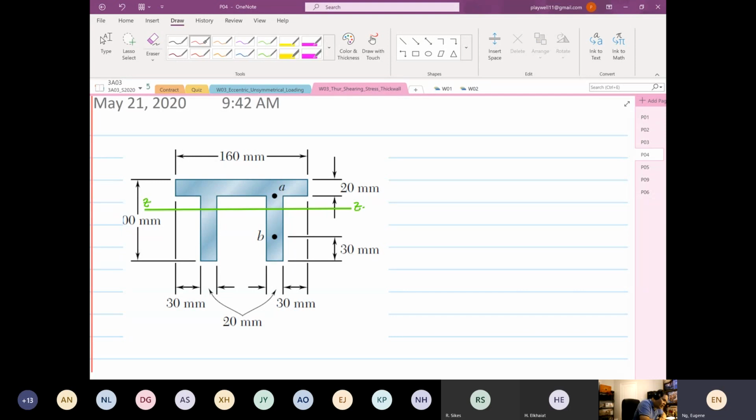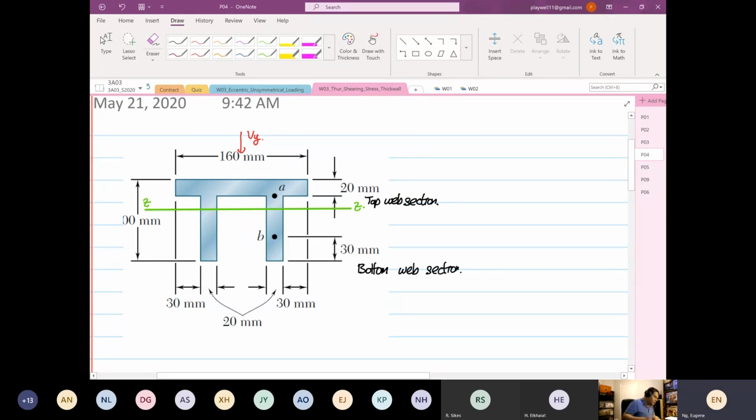And then we have our Vy coming here. I'm going to call anything that is above the ZZ line for the web the top web section. And the one below is the bottom web section.